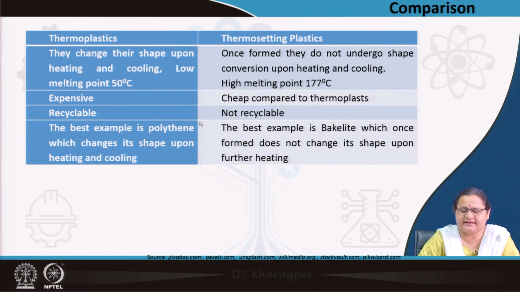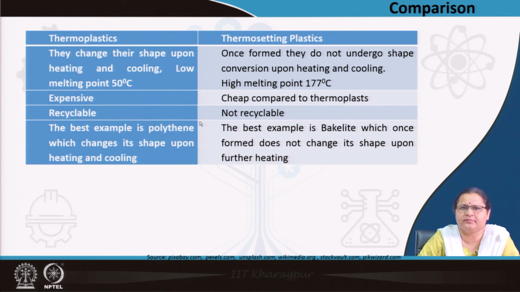Coming to the basic differences between the two, thermoplasts change shape and can be worked at around 50 degree centigrade. Thermosets need a little higher temperature, around 170 degree centigrade, but it is only once formed. Thermoplasts are expensive, whereas thermosets are cheaper.